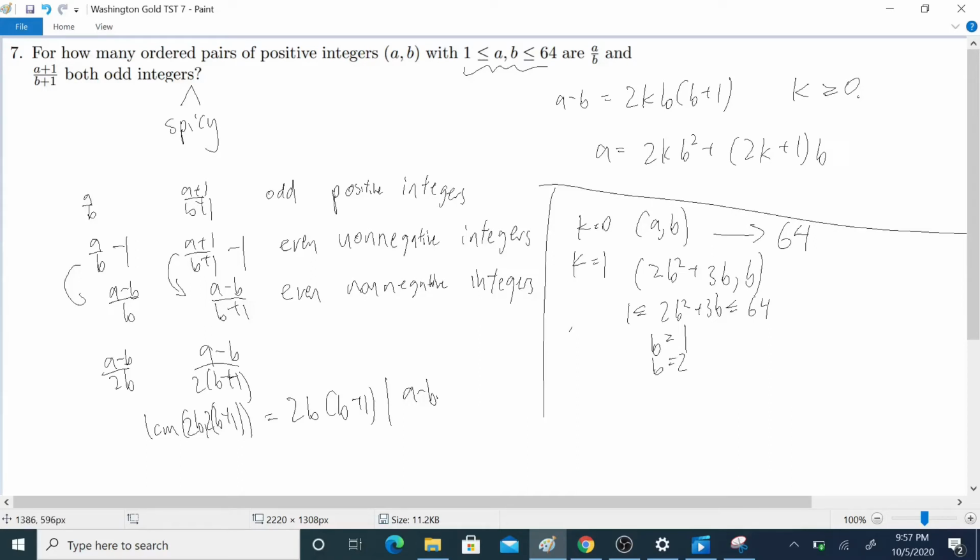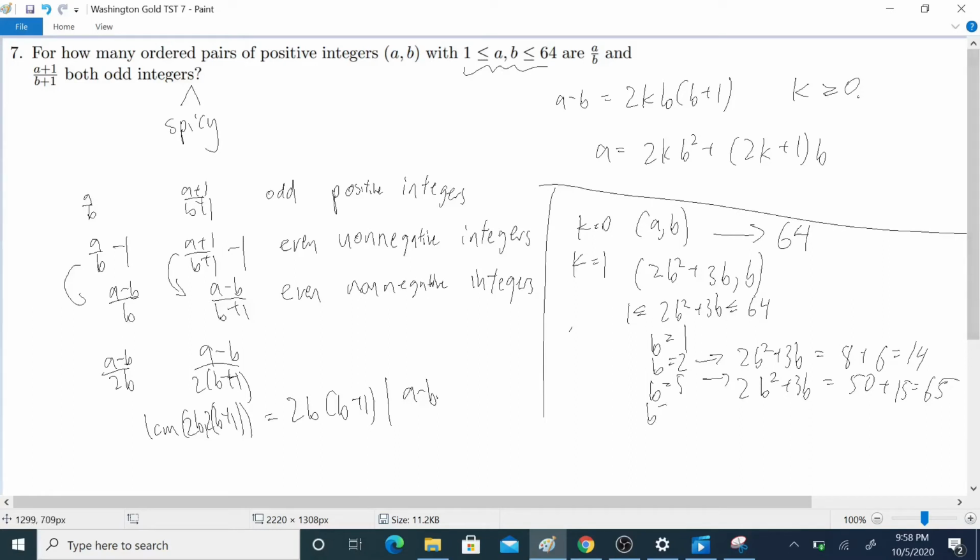So let's say b equals 2. 2b squared plus 3b equals 8 plus 6 equals 14, which is still way too small. Let's go higher. Let's try b equals 5. 2b squared plus 3b is 50 plus 15, which is 65. Oh no, that's too high.